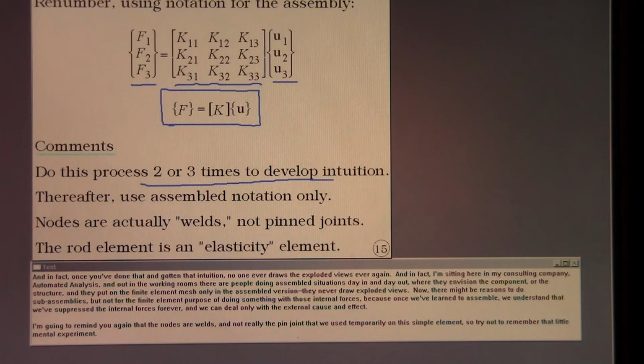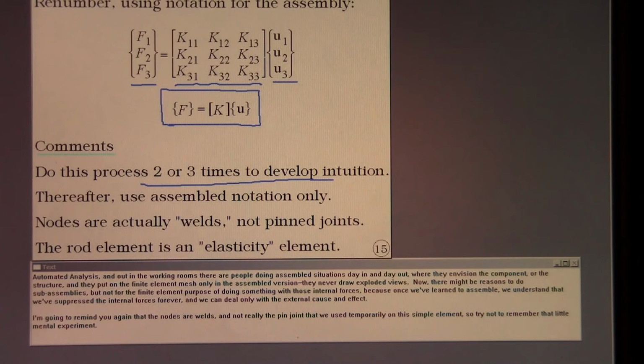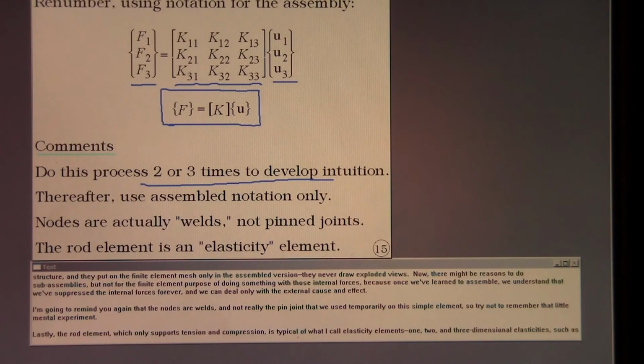They never draw exploded views. Now there might be reasons to do sub-assemblies, but not for the finite element purpose of doing something with those internal forces, because once we've learned to assemble, we understand that we've suppressed the internal forces forever and we can deal only with the external cause and effect.